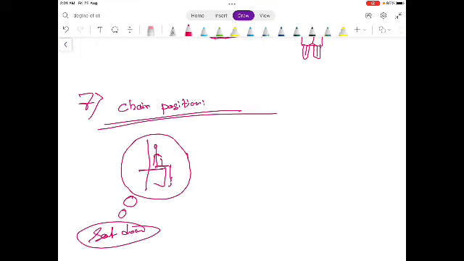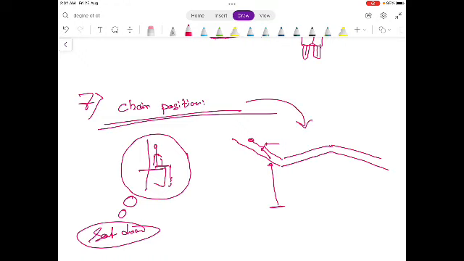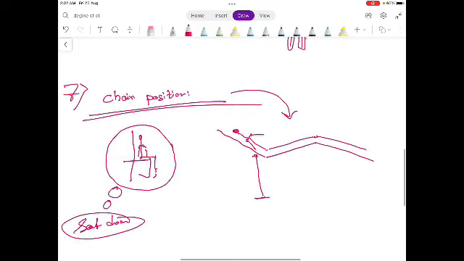But in the operation theater, one patient should lie down like this, then this is called the chair position, right?